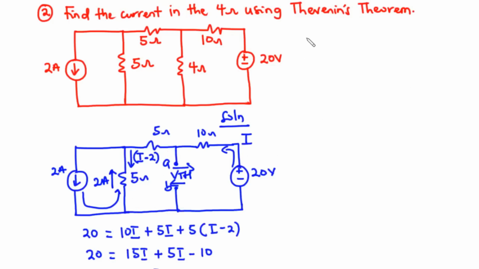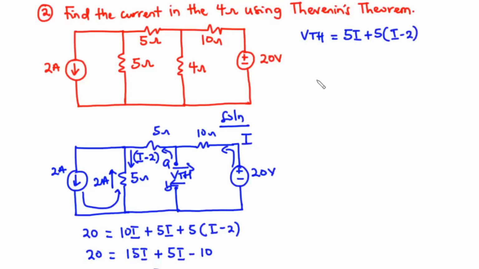We have VTH equals 5 times I, because we have I flowing through this 5 ohm resistor, that is 5I, and then we are moving in the anti-clockwise direction. This is also in the anti-clockwise direction, so it remains addition, plus 5 times (I minus 2).